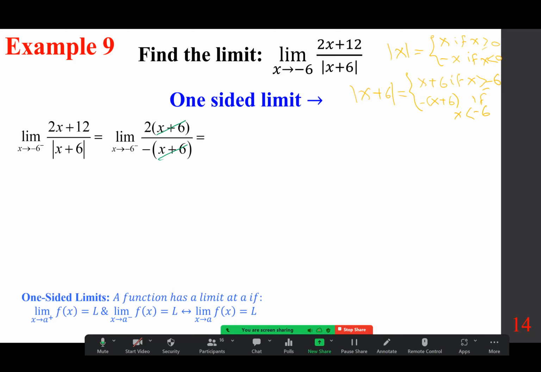We're going to take the limit as x approaches -6 from the right. And so what happens is that we can drop this absolute value and change it to x plus 6. And obviously the top, we factor out the 2.